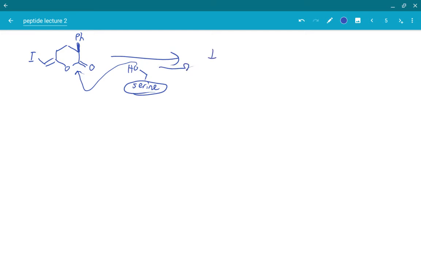And so the initial product is going to look something like this, right? But of course, this isn't a problem. This is just an ester bond, and this thing can easily hydrolyze. So this by itself doesn't cause trouble for the enzyme.